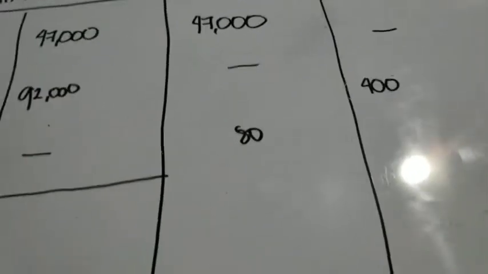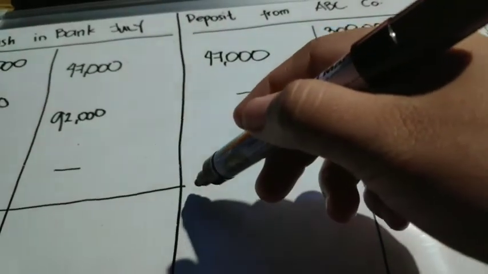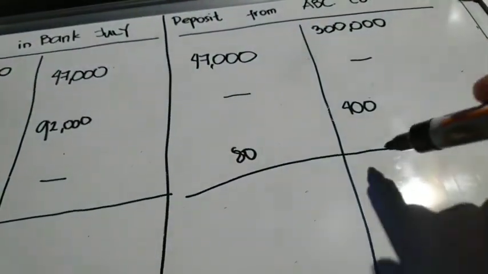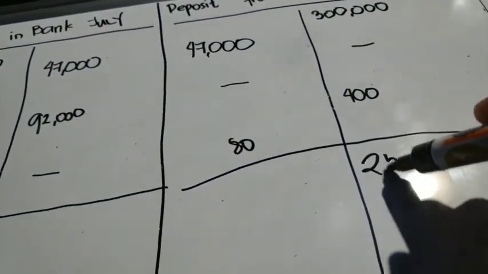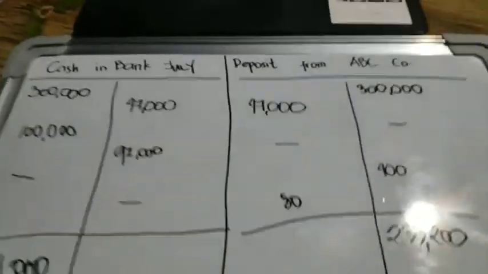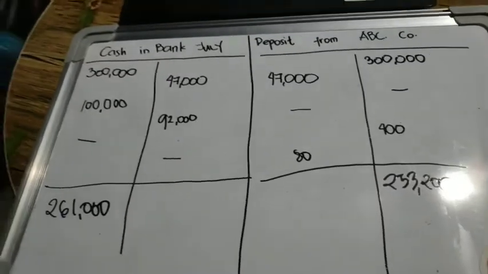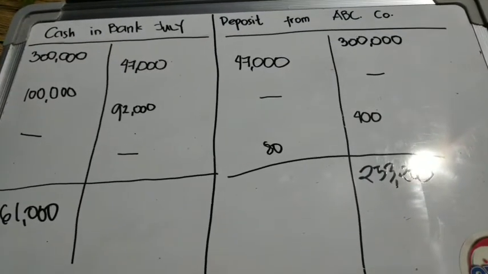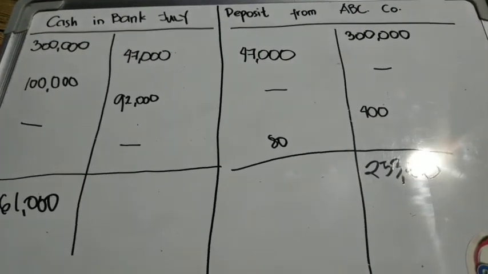So, it is 253,000. Okay, so that is the cash balances for the cash in bank and the deposit from ABC Company.